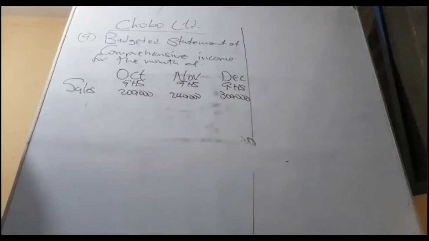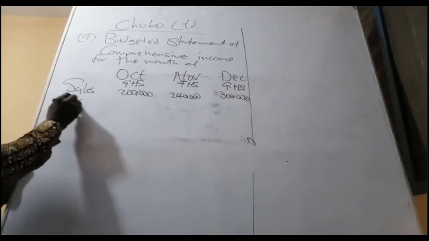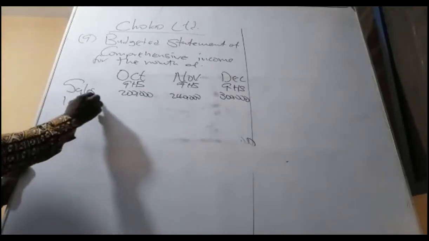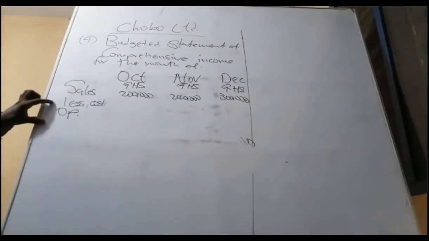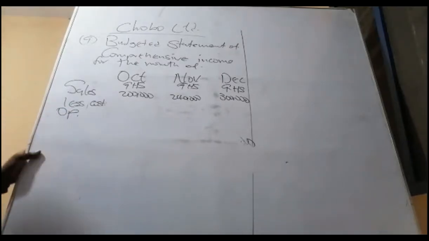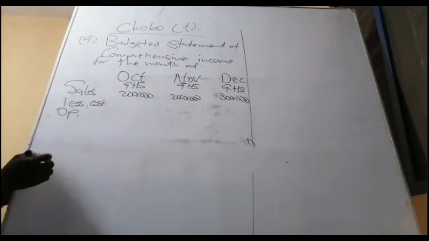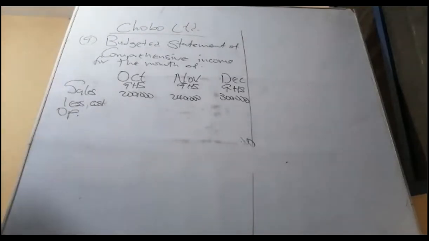Now let's calculate the cost of sales. With the cost of sales, we want three items. First, we want the open inventory. In fact, you can do the cost of sales calculation somewhere and bring it back.